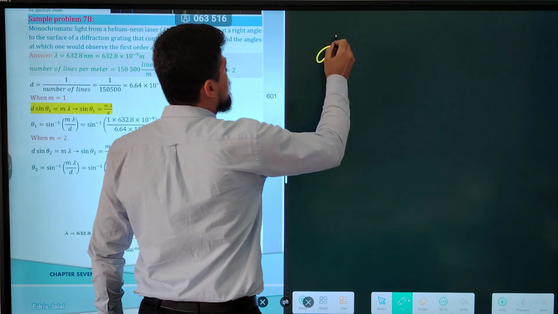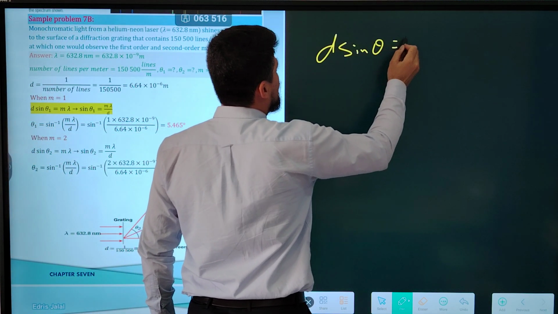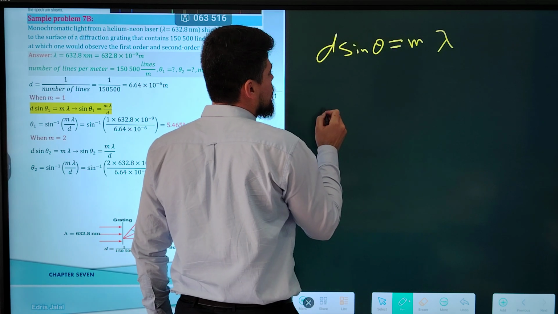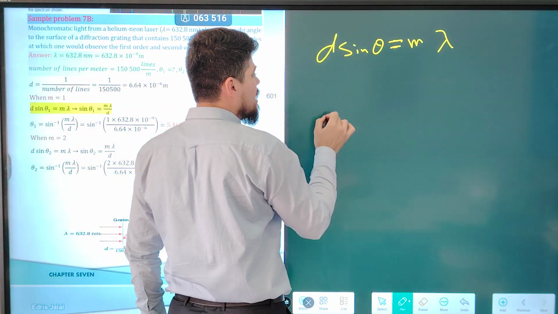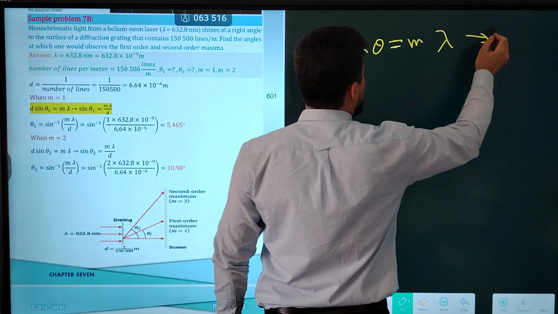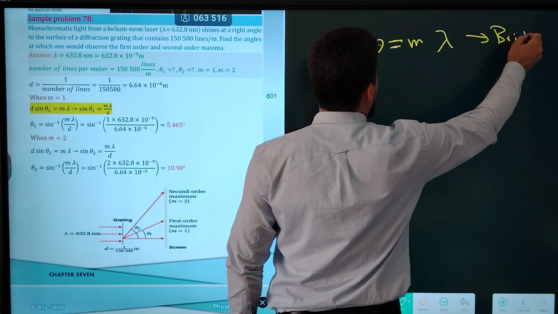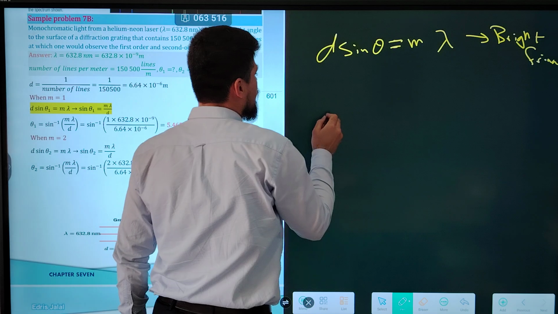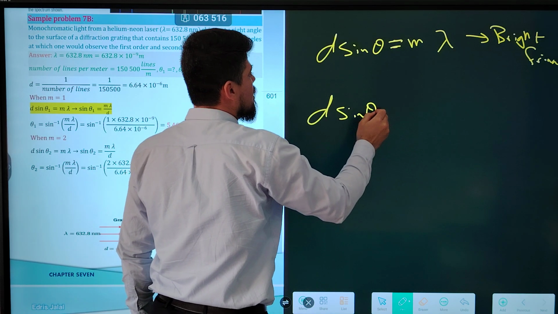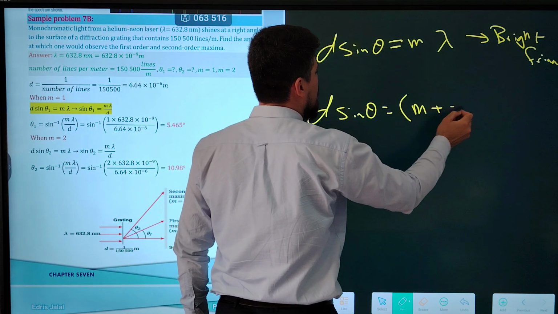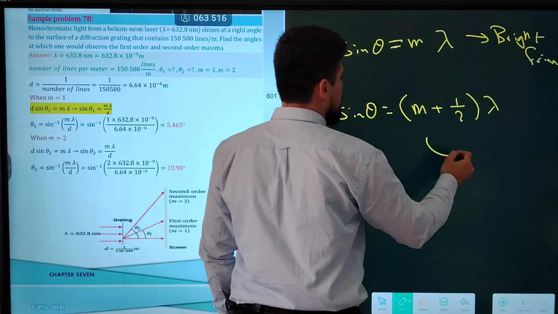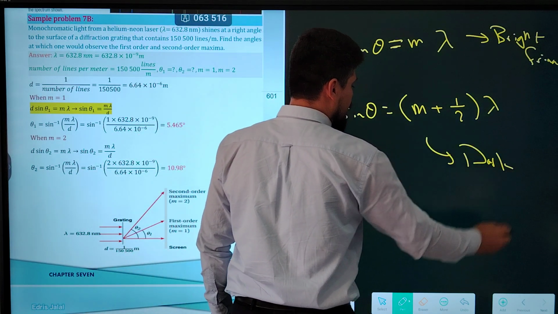For the bright fringe, d sine theta is equal to m lambda. But for the dark fringe, d sine theta is equal to (m plus 1/2) lambda.